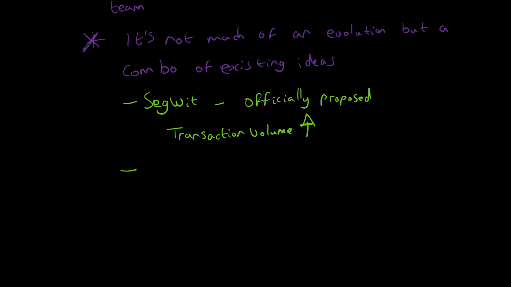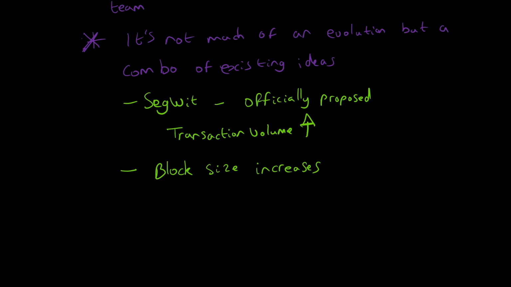The other thing that is essentially part of this is block size increases. So a combination of SegWit and block size increases would allow for significantly more transactions. A block size increase simply increases the block size.